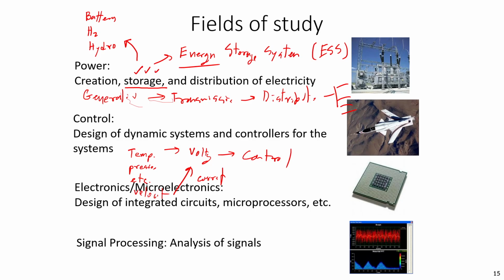Okay. But I start my study based on power generation and transmission, right? And some of my colleagues have the skill signal processing. Right. So we need to analyze this signal.